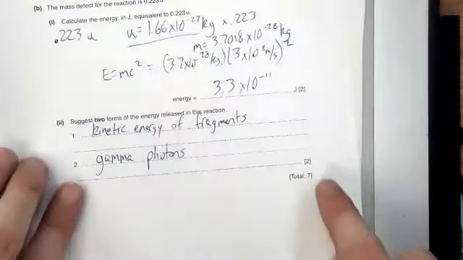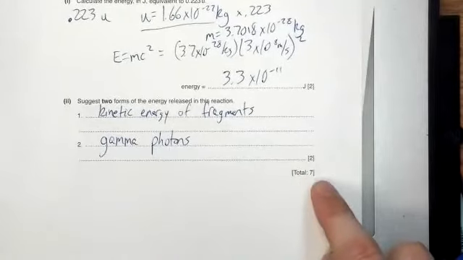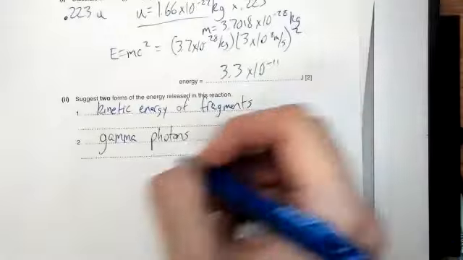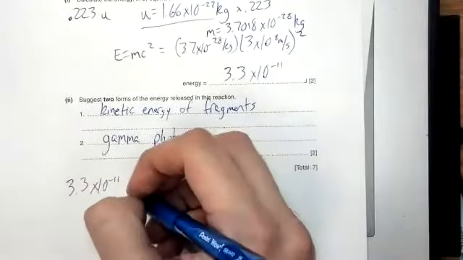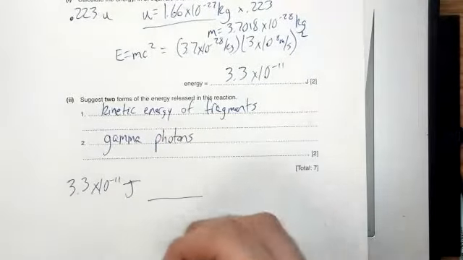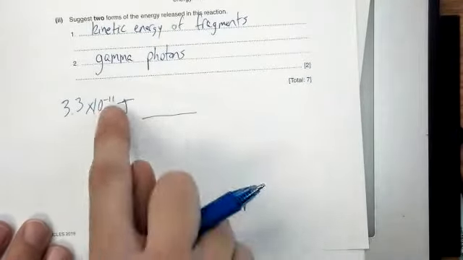All right, because this is a 7-mark quiz, we want to get it up to 10. So we're going to take our 3.3 by 10 to the negative 11 joules that we had up here. Now go ahead and take a few minutes to try to convert this into mega electron volts. Okay, so from joules to mega electron volts. See who can reference their notes and say, oh yeah, we did that, we turned joules into mega electron volts.